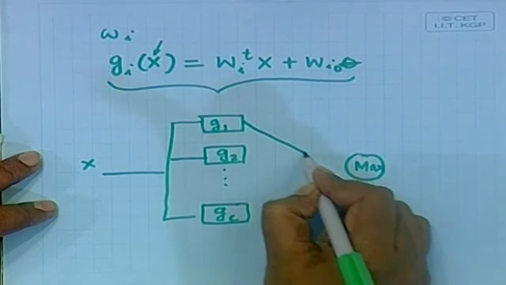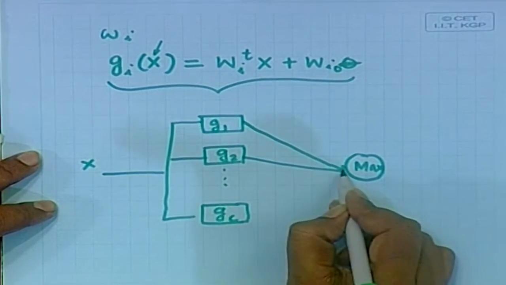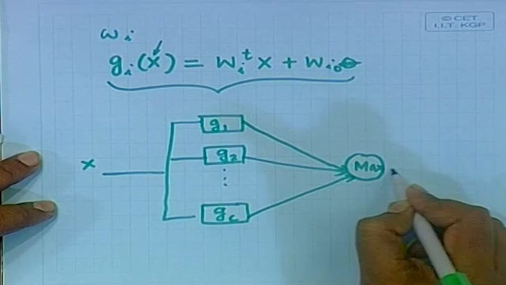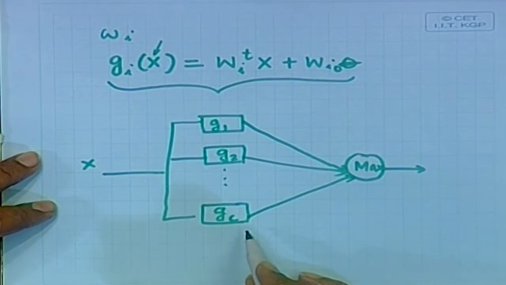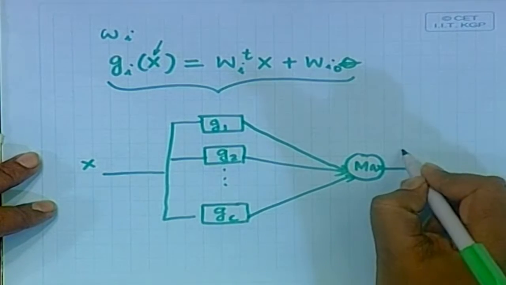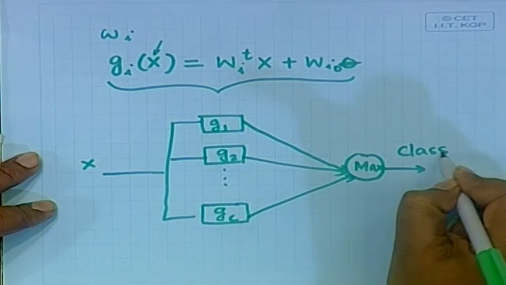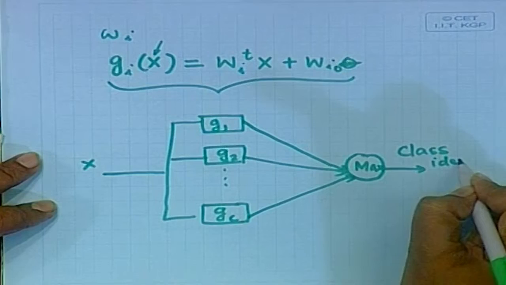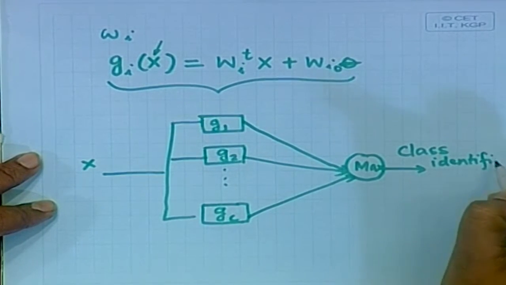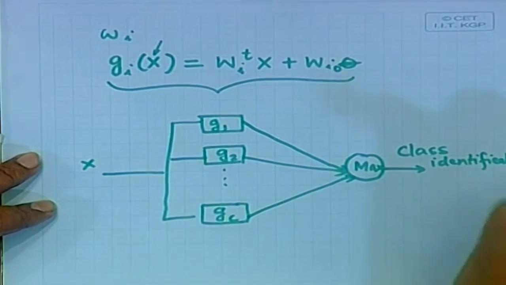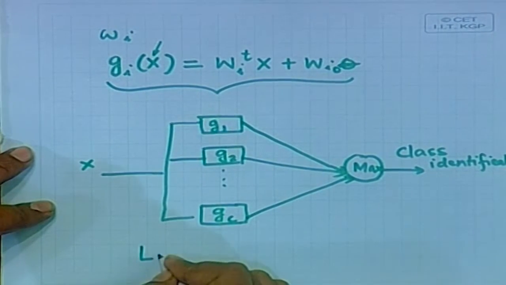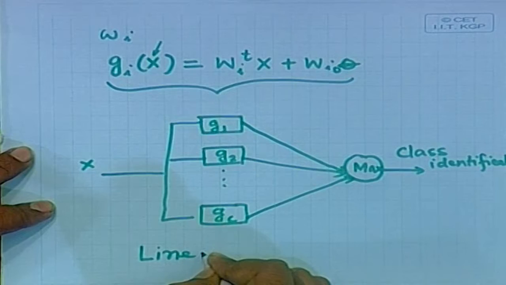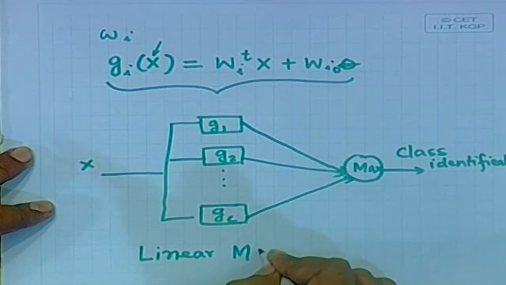All these outputs come to the max selector, and depending upon whichever discriminant function gives the maximum value, the max selector gives you the class identification. And this is what we call a linear machine.